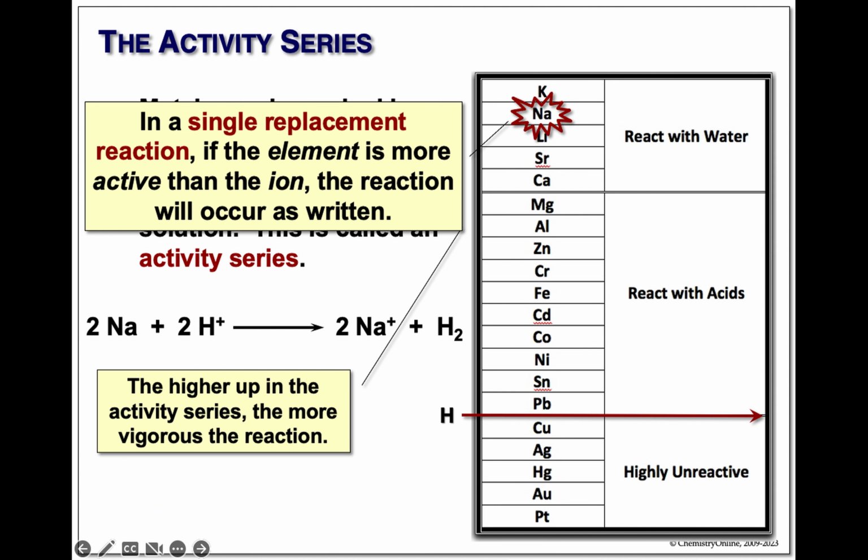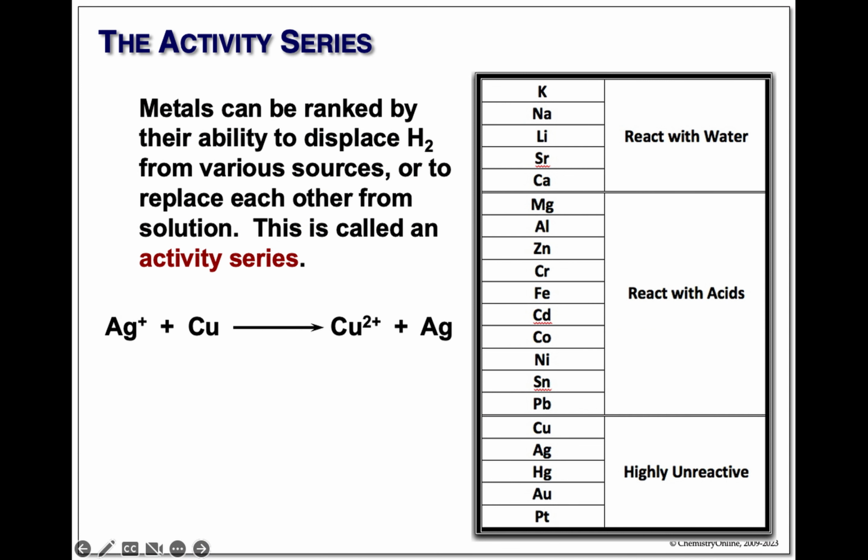So let's look at a couple examples. Silver and copper. The element is copper, the ion is silver. There's copper, there's silver.